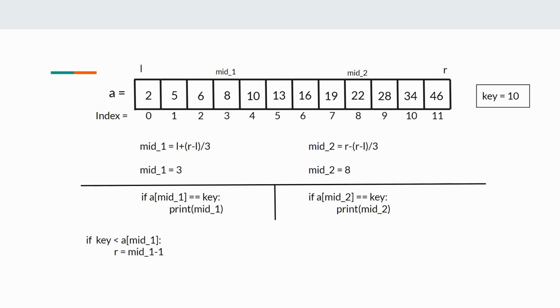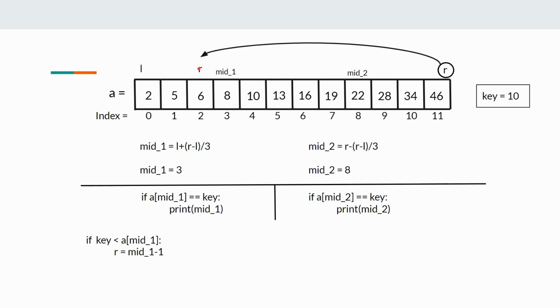The first condition we check is if the key is less than array[mid 1]. If it is, then we do right equals mid 1 minus 1. This will bring R to one index before mid 1.